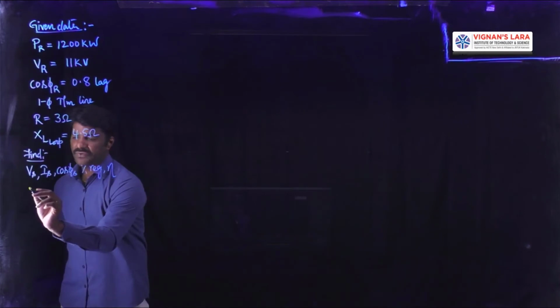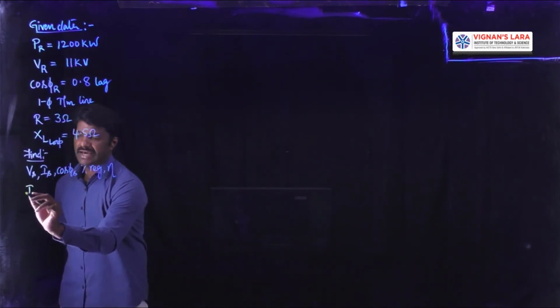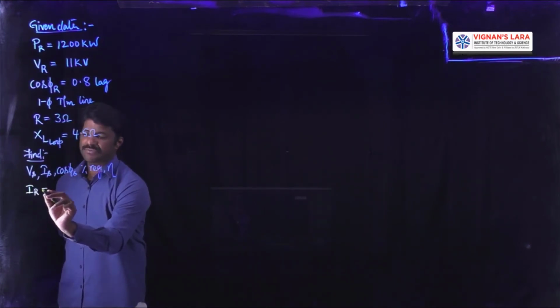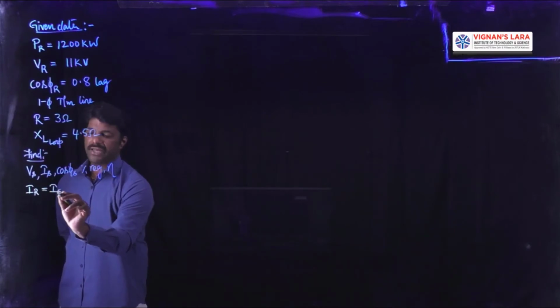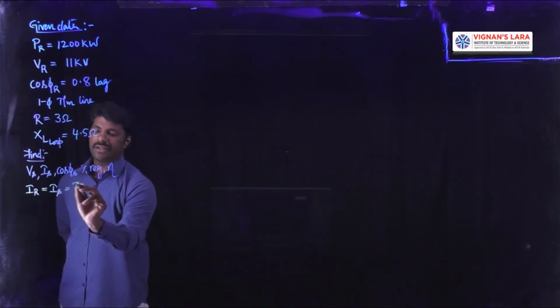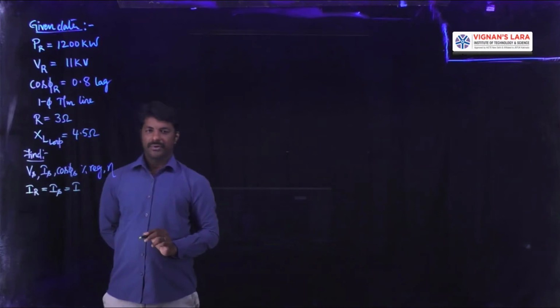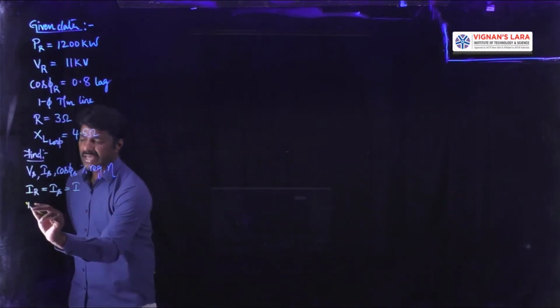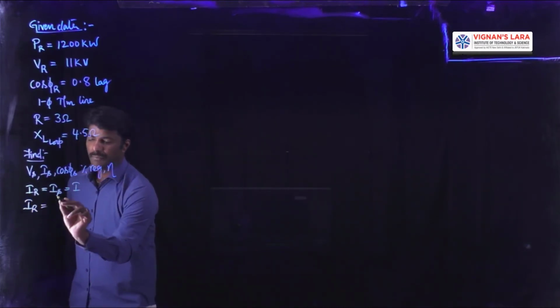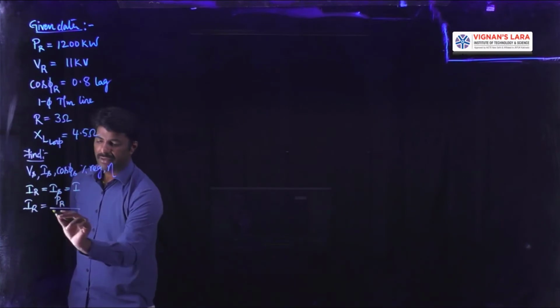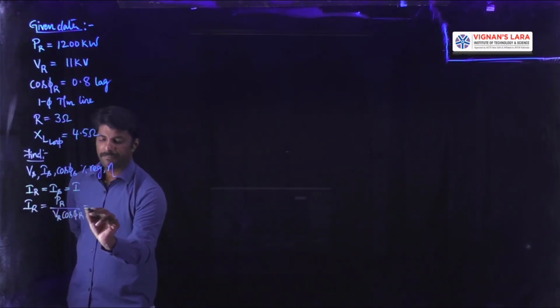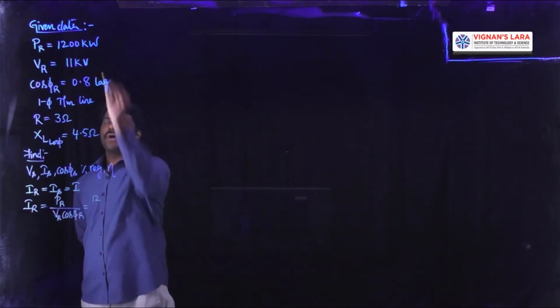The first step is to find the receiving end current IR. Since it is a short transmission line, the same IR will be equal to Is. Simply, I will call it I, whose formula is IR equals power PR divided by VR cos phi r. The power PR is 1200 kilowatts in the problem.